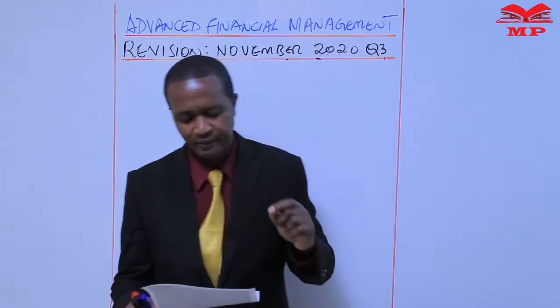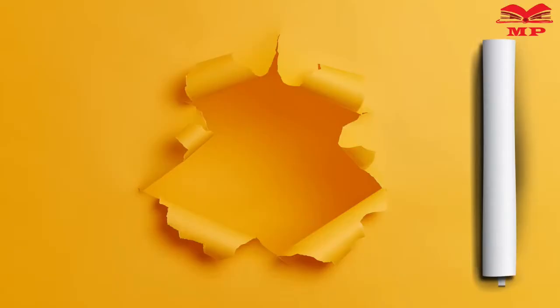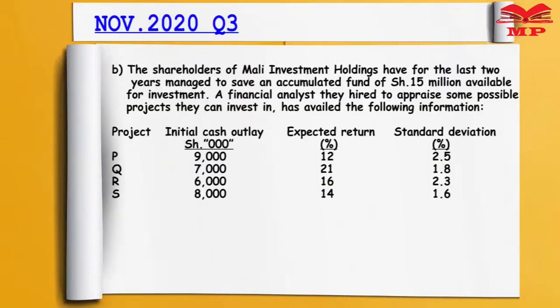I'll now move to answer part B, which I read. The shareholders of Mali Investment Holdings have for the last 2 years managed to save an accumulated fund of 15 million shillings available for investment. A financial analyst they hire to appraise some possible projects they can invest in has availed the following information.